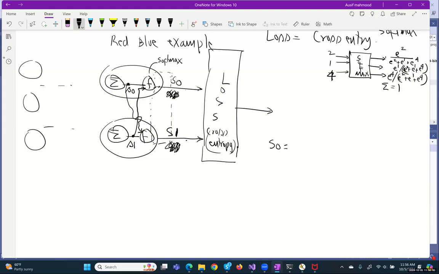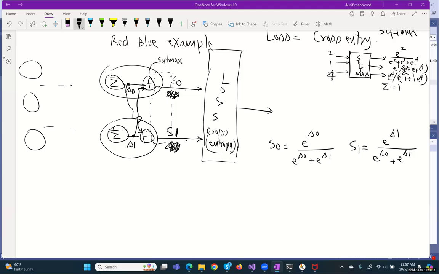There are 2 inputs to this, lowercase S0 and lowercase S1. The first output will be S0 equals e raised to the power s0 over e raised to the power s0 plus e raised to the power s1. Very similarly, S1 is e raised to the power s1 over e^s0 plus e^s1.